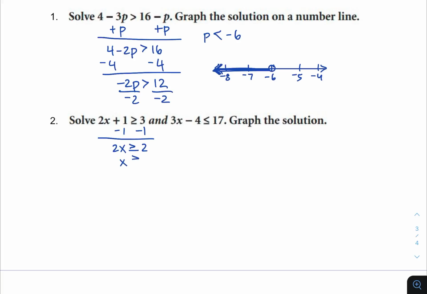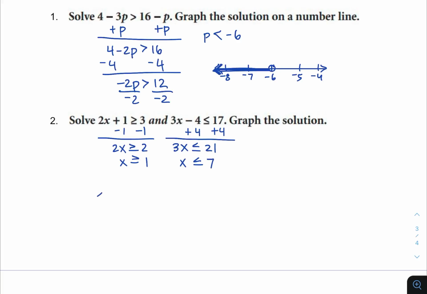And we divide 2 on both sides, giving us x is greater than or equal to 1. And for the second inequality, we add 4 on both sides, simplifying it to 3x is less than or equal to 21. We divide 3 on both sides, giving us x is less than or equal to 7.